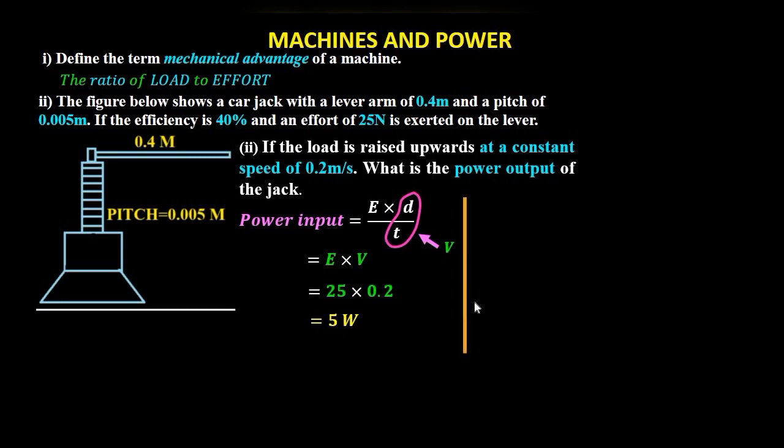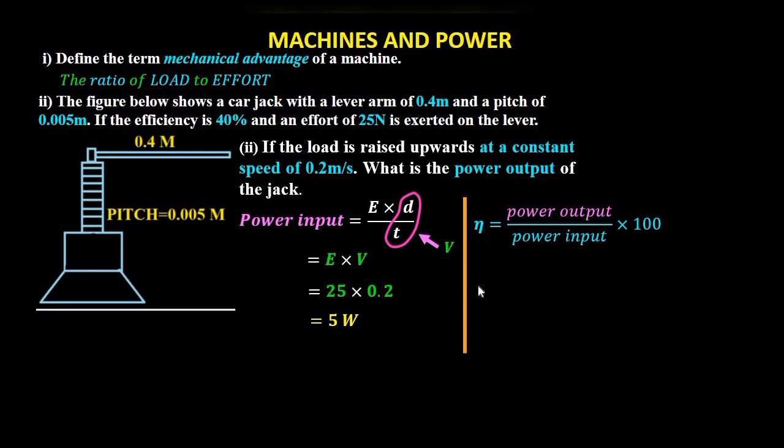Next, we know that efficiency of a machine is given as power output over power input times 100. And for our case, we already have the value of the power input. We already have what the efficiency of the machine is. Now, in order to find the power output, we make it the subject of this formula here.